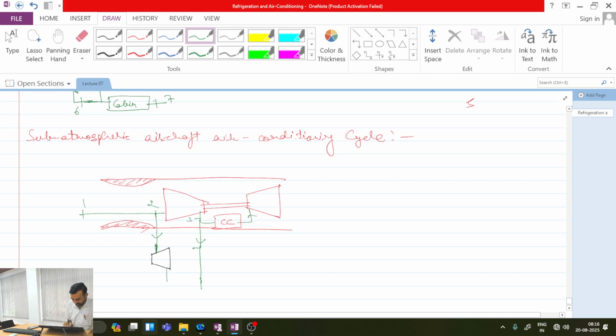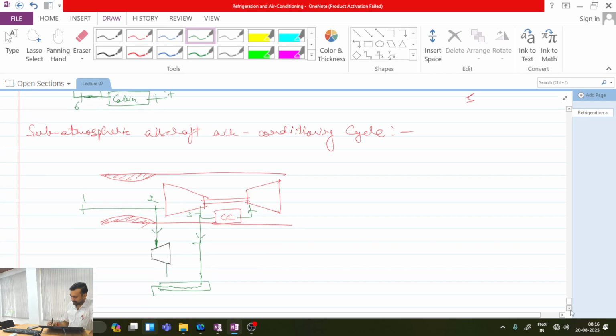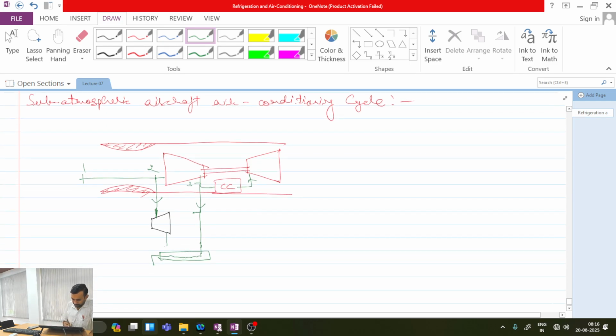Now I have passed it through a heat exchanger, and this ram air, which is now further cooled, I can pass through this heat exchanger for the cooling process.